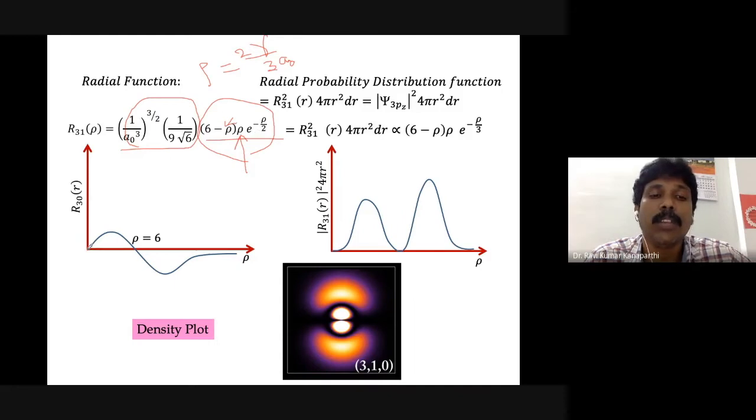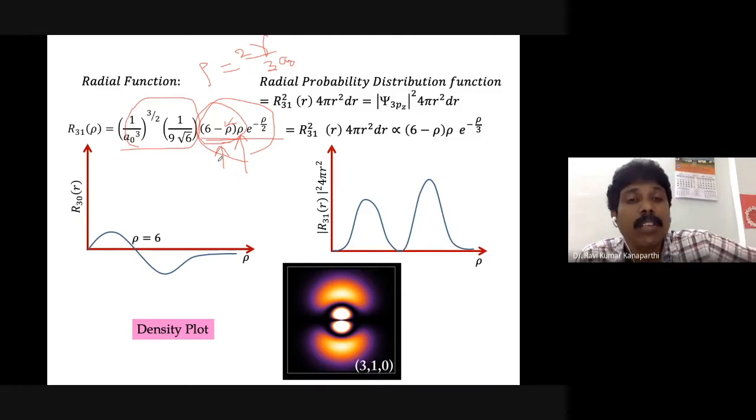So the starting point of the radial function would be the origin. Again, you remember the other orbitals which we discussed. This is a linear function, and 6 minus rho multiplied by rho is a linear function.